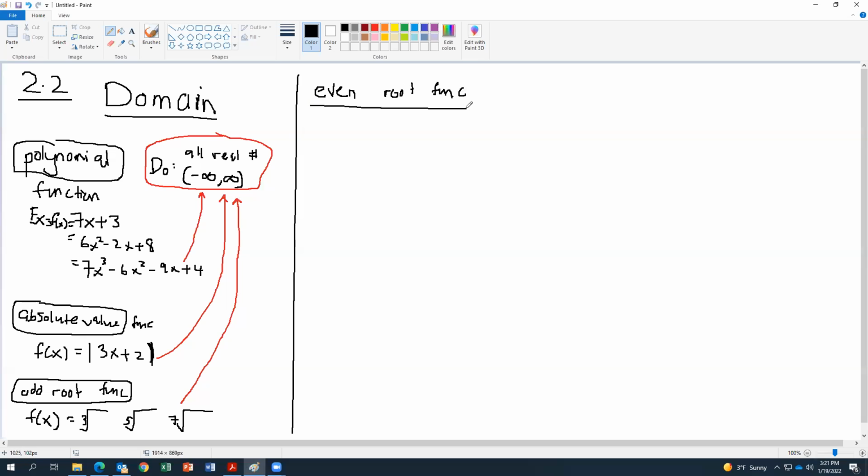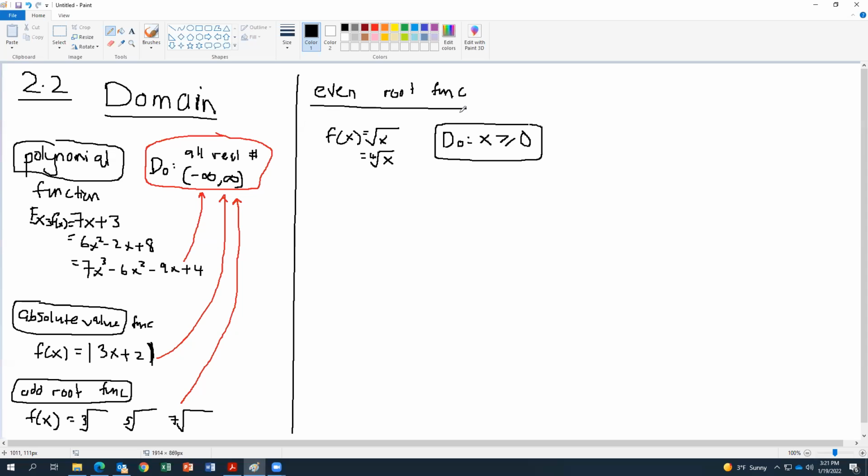If you have an even root function like square root, fourth root, then your domain in this case, your radicand, what is inside the root, we call it the radicand, is going to be greater than or equal to 0. So this is the domain for even roots: square root, fourth root, sixth root, and so on.